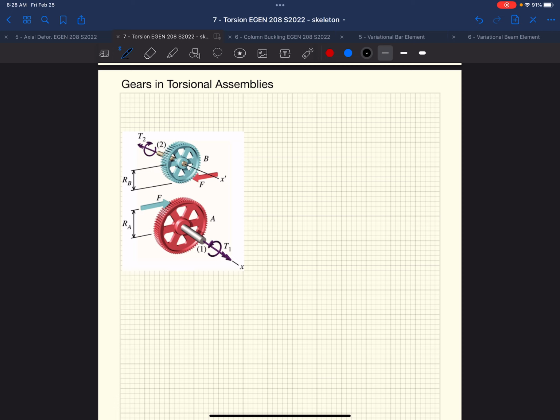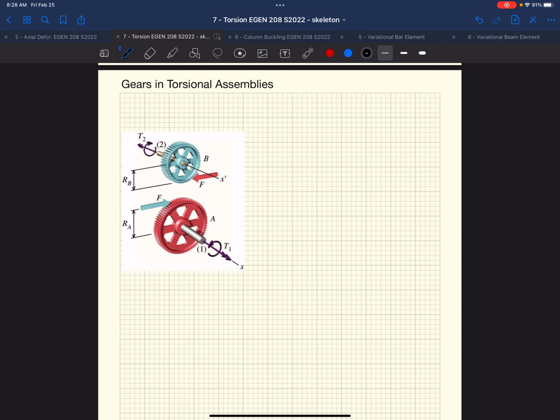Now we're gonna talk about gears and torsional assemblies, right? Very common element in shafts is to put gears on. Transfer cases, transmissions, I mean, you name it, especially on the MET side, the mechanical side of things. Very, very common.